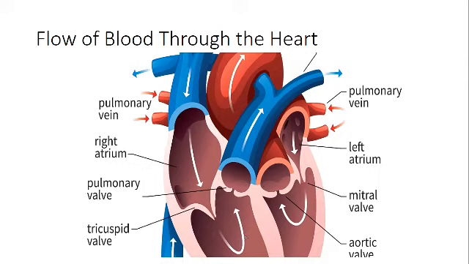Now, please let's take note of these valves. As soon as blood comes from your pulmonary vein and your systemic circulation into the right atrium and the left atrium, the AV valves remain closed, which is your tricuspid and your bicuspid valve, in order for blood to come in from the systemic circulation and the pulmonary circulation.